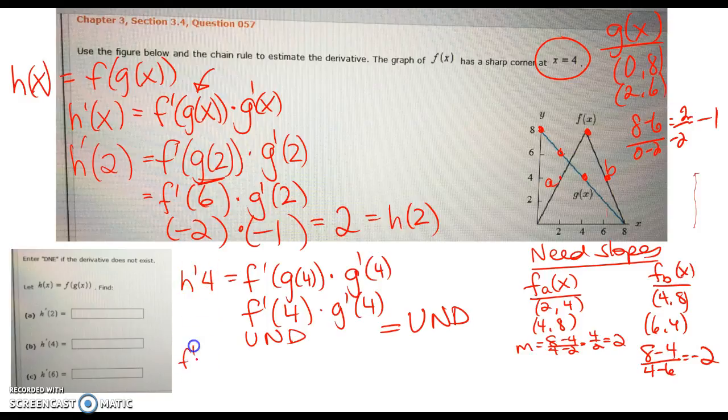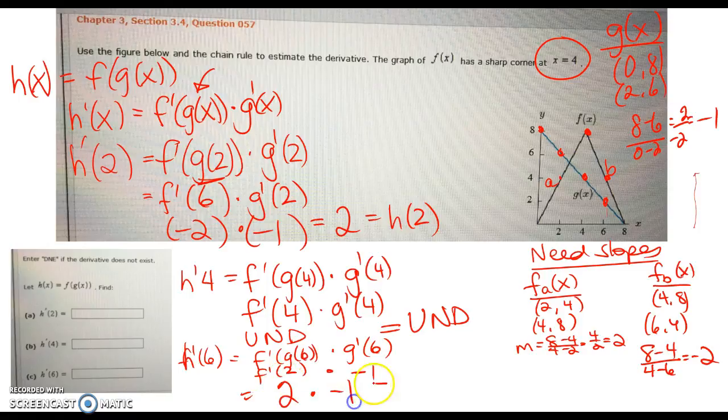Alright, now let's try h prime of 6. So that's f prime of g of 6 times g prime of 6. Well, remember, g prime doesn't change. The derivative is the same throughout, so that's negative 1. G of 6 itself is 2. So f prime of 2. And f prime of 2 is on the positive slope side, which is 2.